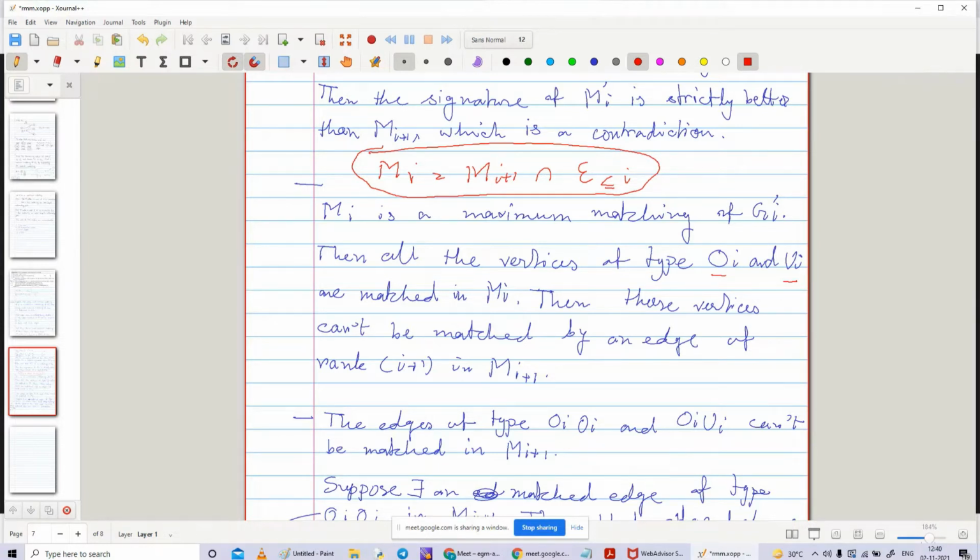Now if the vertices of type O_i and U_i are matched in M_i, then those matched edges are present in M_{i+1} too, and they have rank less than or equal to i, because they are present in M_i. So the vertices of odd and unreachable type are matched with an edge of rank i or less, so they cannot be matched with an edge of rank i+1. That's the point.